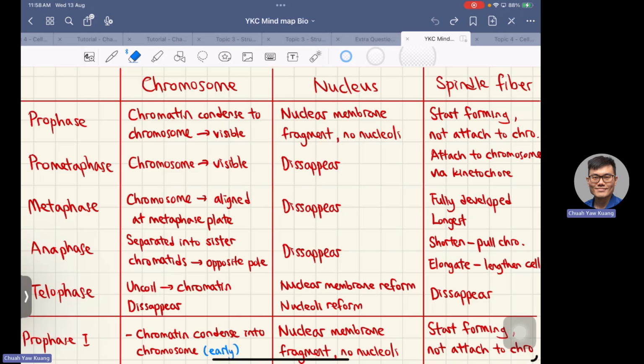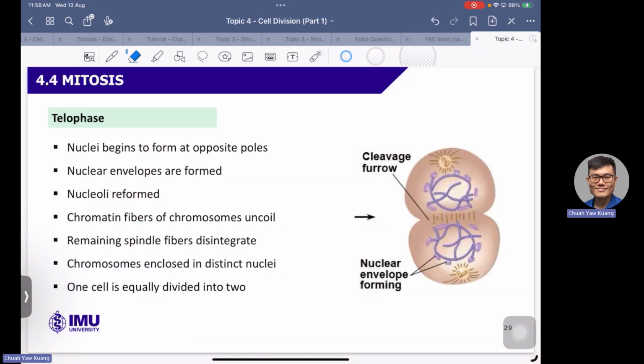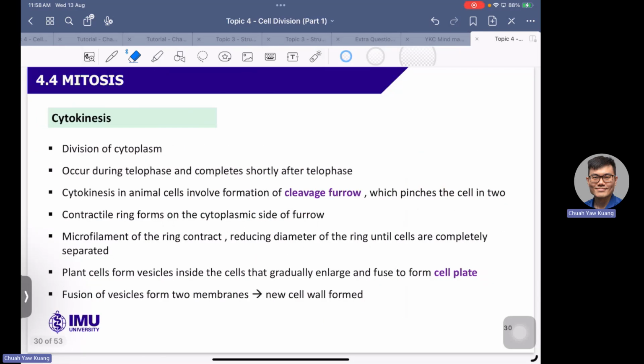Now we finish the mitosis first. After the telophase, that would be the completion of dividing the nucleus. But the cytoplasm is not yet divided. Dividing the cytoplasm is cytokinesis.